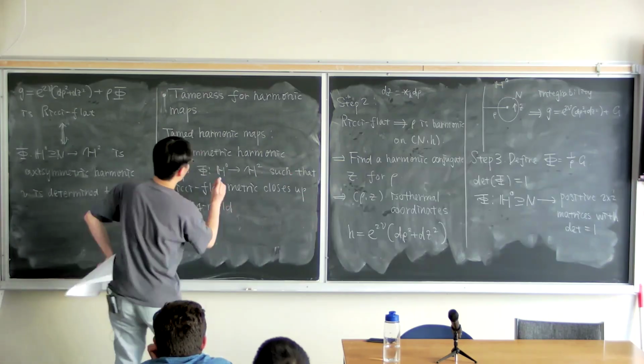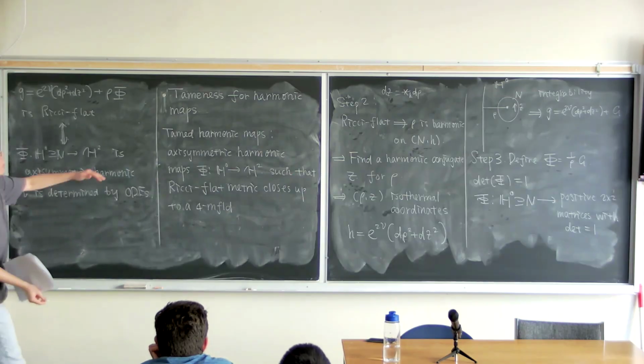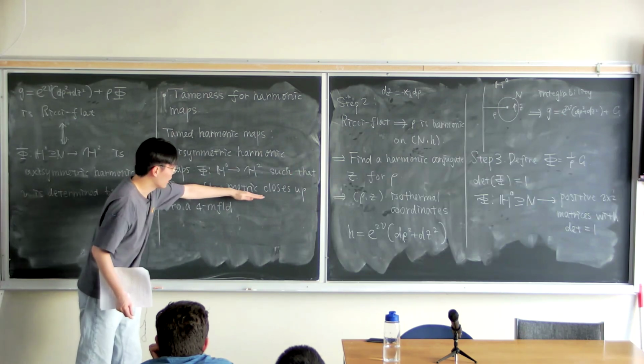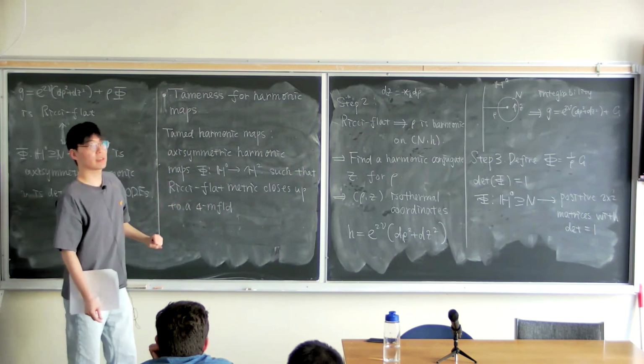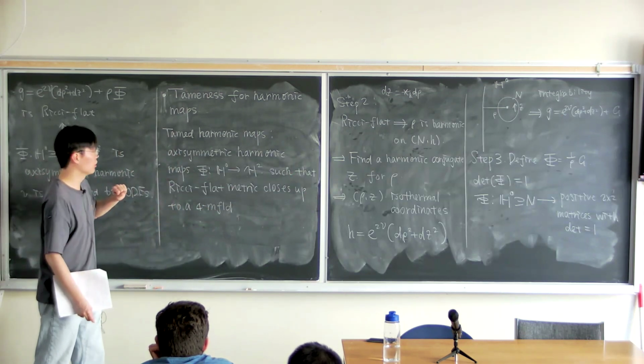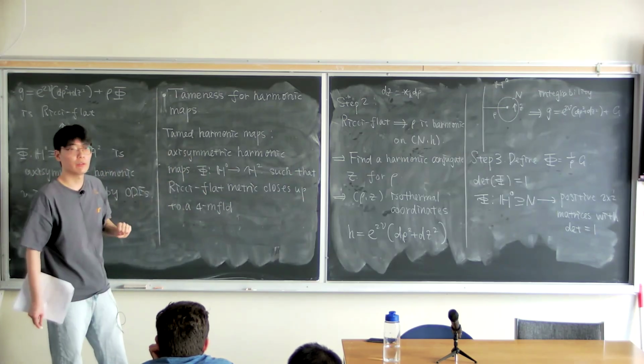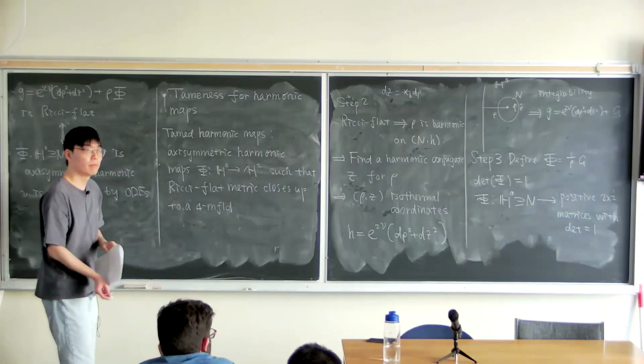Okay. So conceptually, tamed harmonic map means that the harmonic map indeed gives you some meaningful geometric object. It means that the Ricci metric associated to the harmonic map closes up to be a metric on a four manifold.